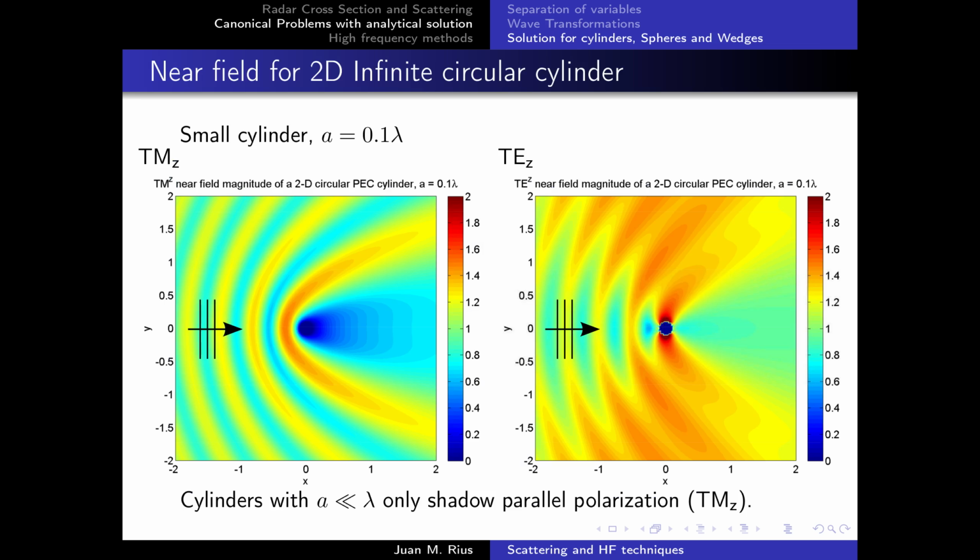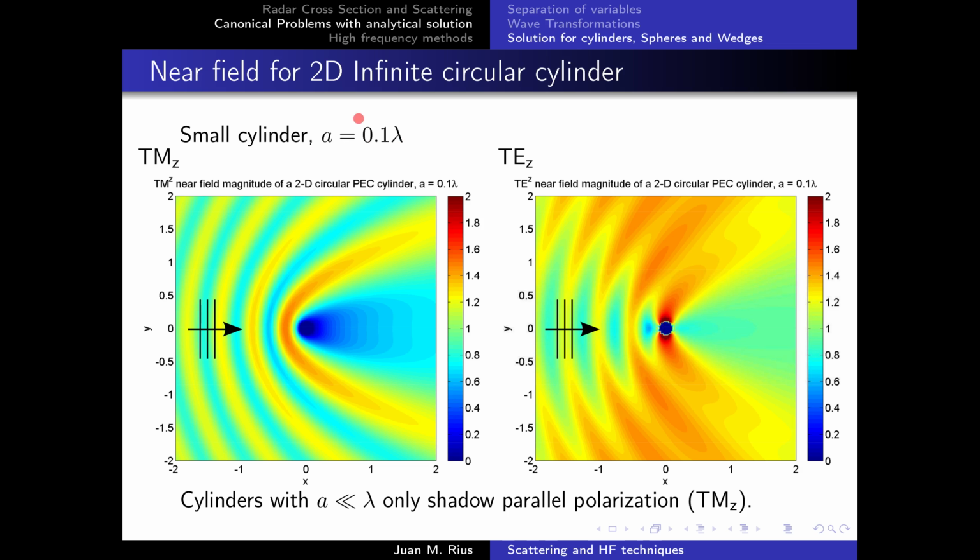And if we plot the results first for a cylinder of a small radius, and later in the next slide cylinders of large radius, the radius here is small compared to the wavelength, and we have at the left the TM result for polarization electric field parallel to the cylinder axis, and in the TE polarization case we have the electric field parallel to the xy plane, so transverse to the cylinder axis. And it is important to observe the difference between these two cases.